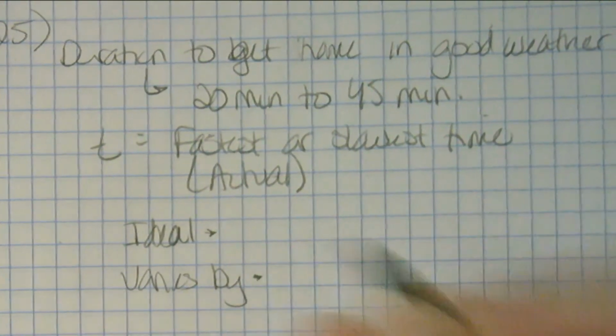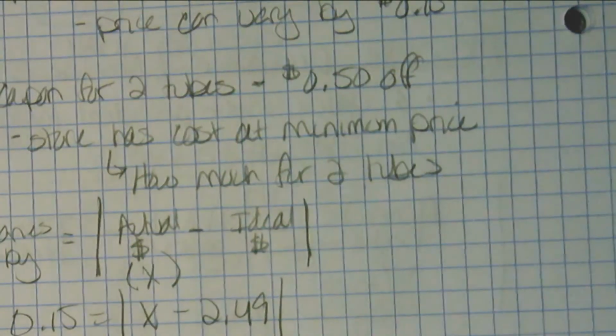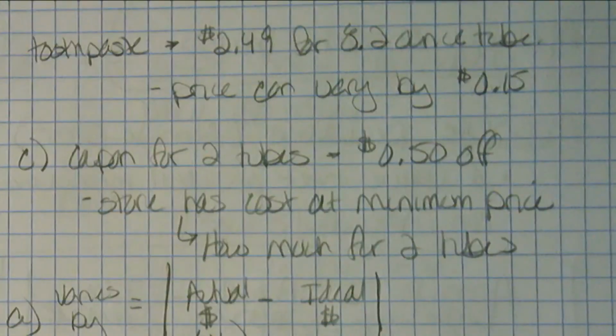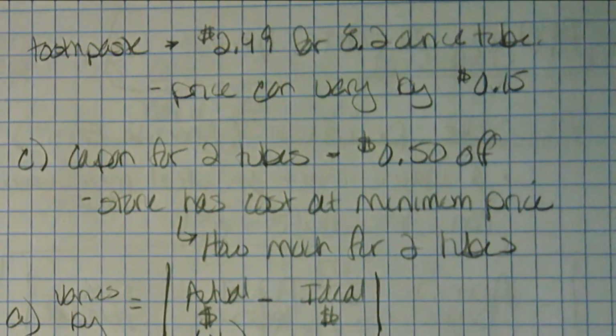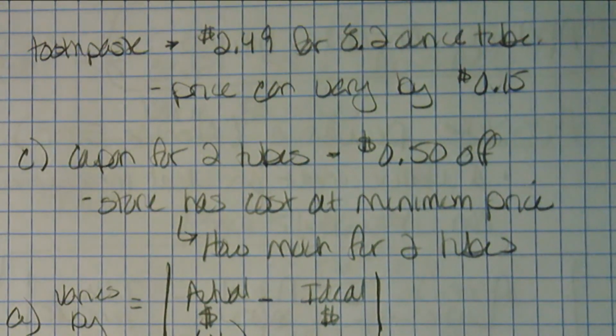Okay. So let's go back to this last one that we did, or any of them that we've done. What do we know about the ideal as it relates to the maximum and the minimum? So think about what the varies by means. If I gave you the ideal, what's the relationship between the ideal and the maximum and the minimum?